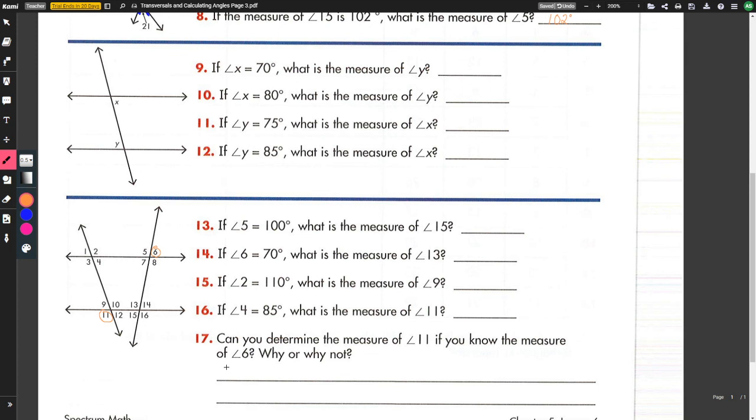So in this case, it would be no, because they have different transversals. Now, if both these transversals were also parallel, then you would be able to, because the transversals would be the same.